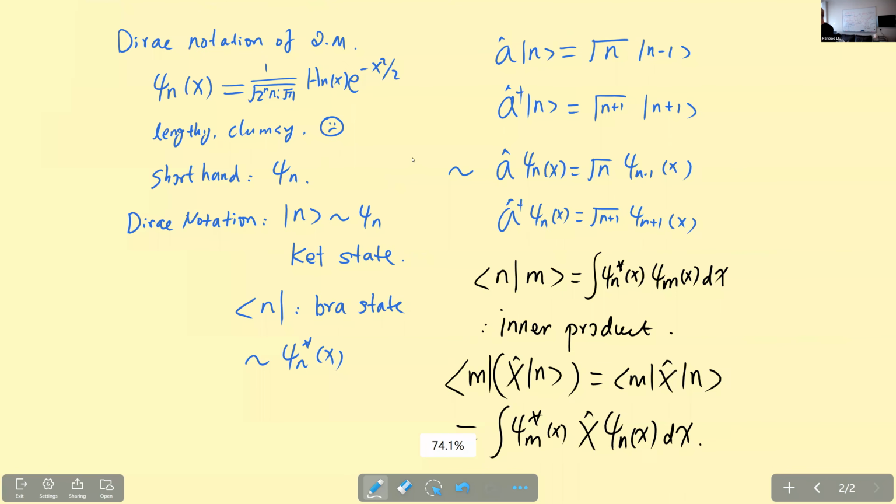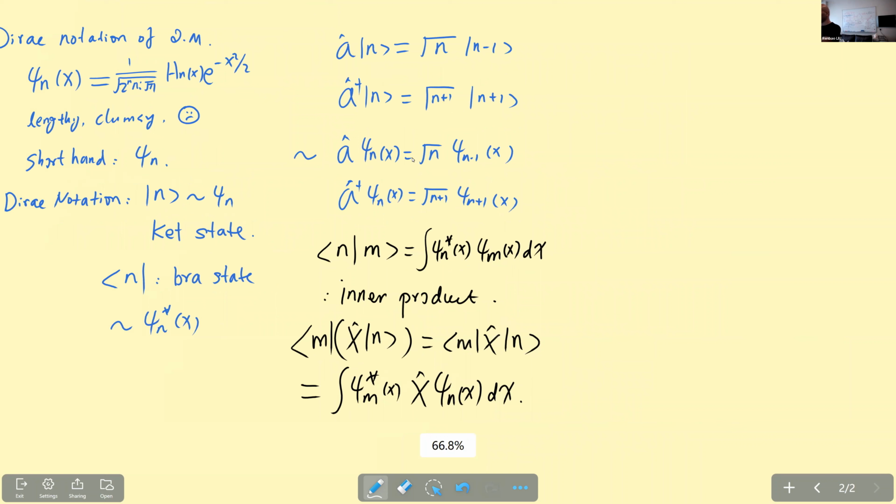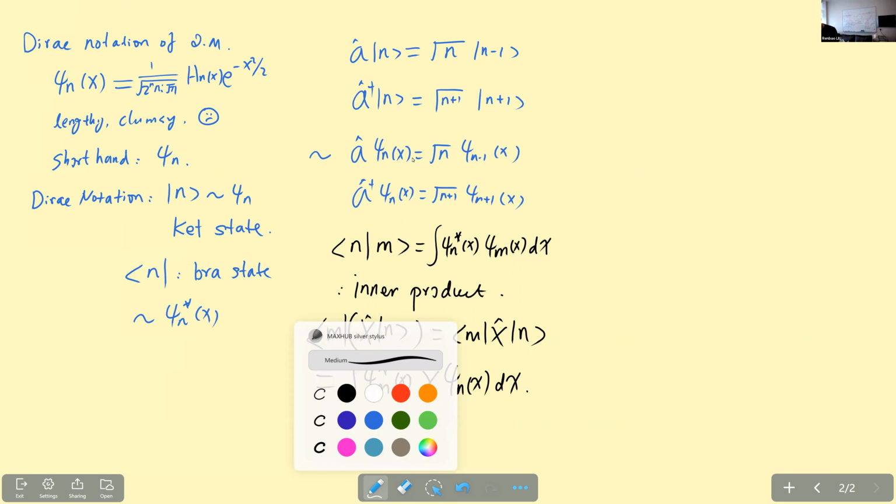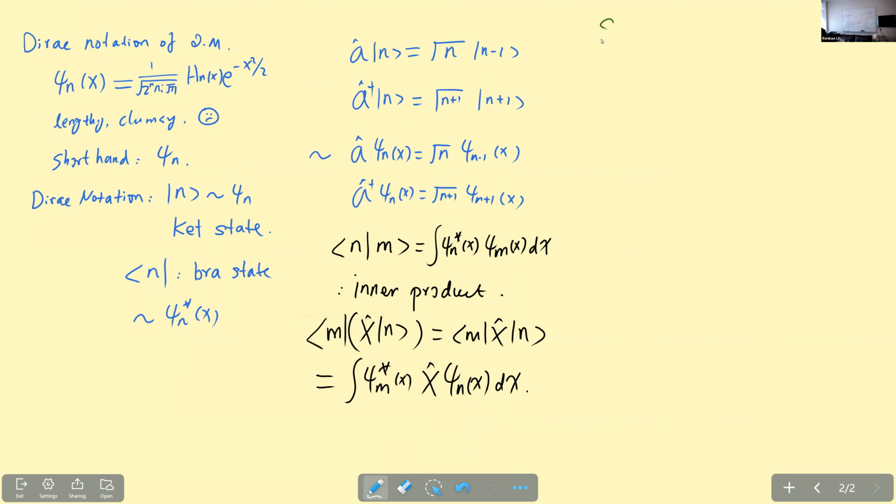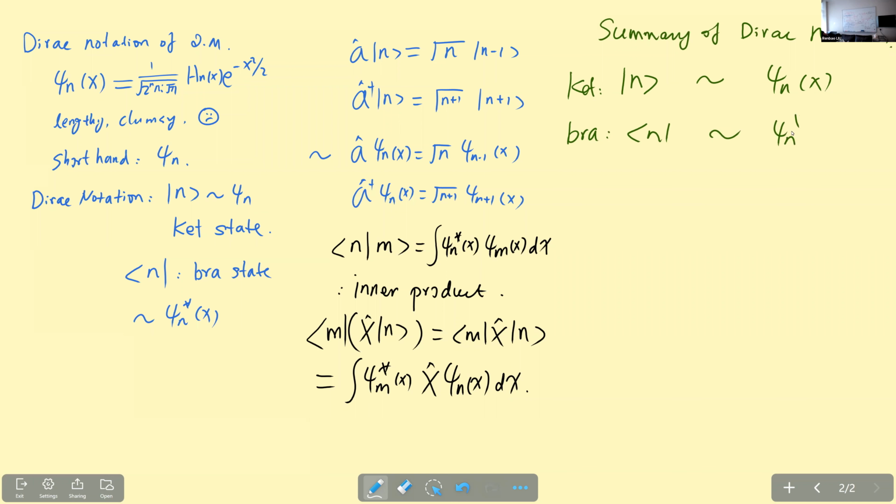Okay, so in general, let me summarize this a little bit. You can say that ket m is just the same as psi m of x. This is called a ket. We can also have a bra: bra m is the same as psi m complex conjugate. Okay.